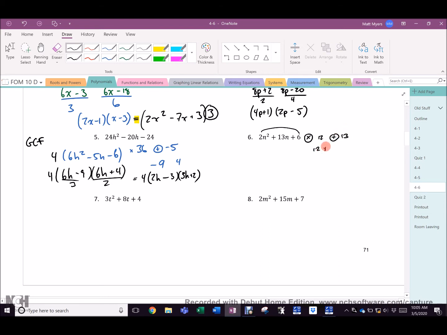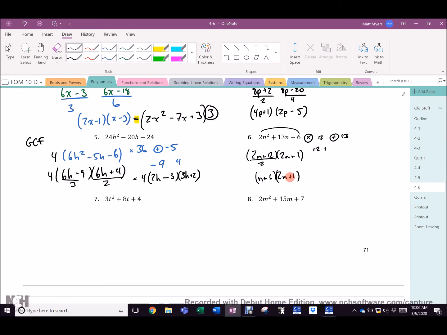And everything's positive. So it's 2n plus 12, 2n plus 1. That's got a GCF. What is it? 2. So that is going to become n plus 6. That doesn't have a GCF, so that's going to be 2n plus 1. And I'm done. Everybody should have been able to do that.